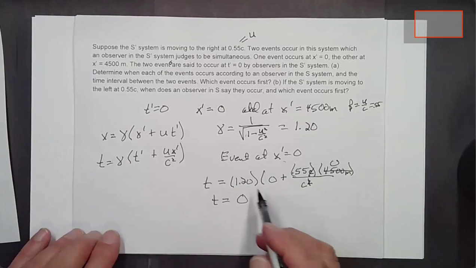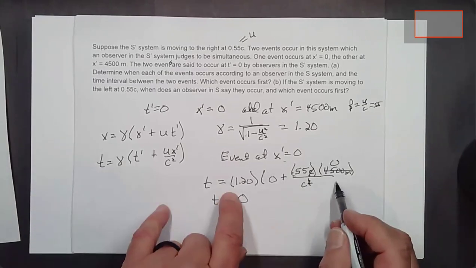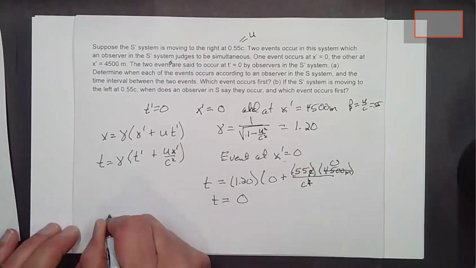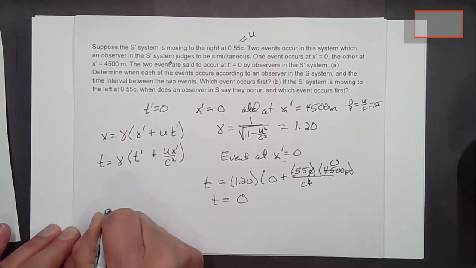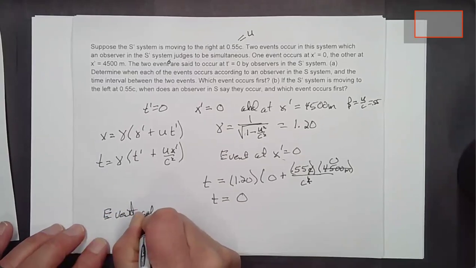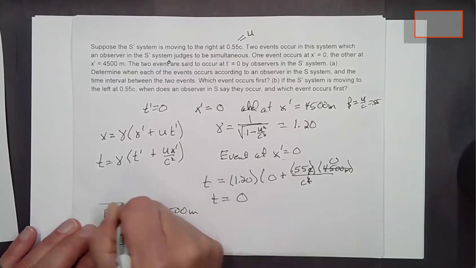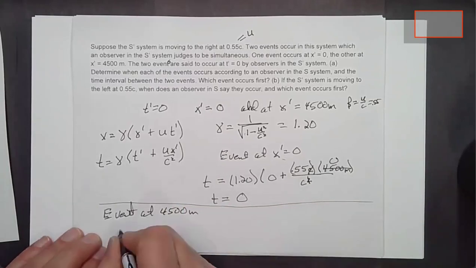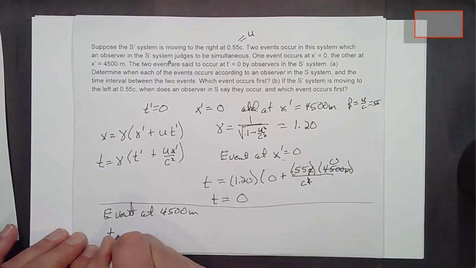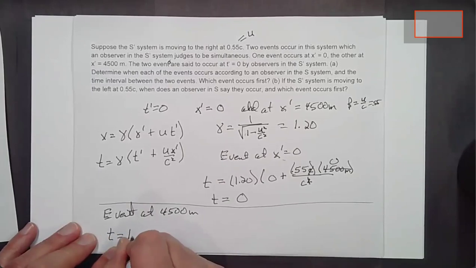But let's figure out that event at x prime equals 0. That was the one that I actually started writing down the thing for here. Event at 4,500 meters. Okay, well, that's going to happen at a time of 1.20.